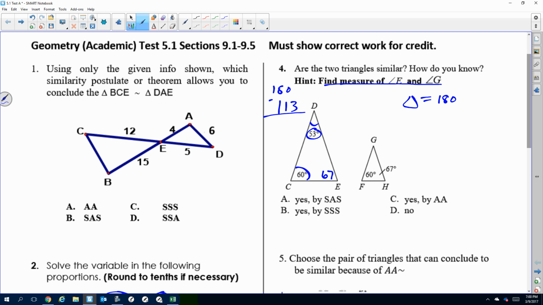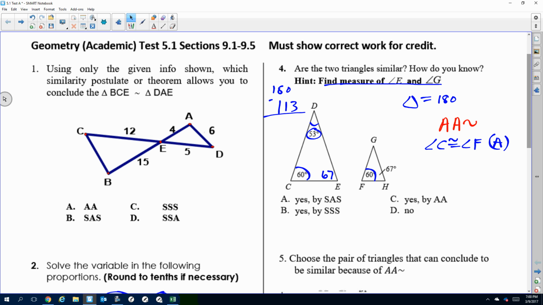So there's your 67, and we're trying to determine if two triangles are similar. There's 3 ways to do that. You can use angle. That means we just need to show two angles similar. Well, I had the 60 and this 60. That's one angle. So basically I have angle C is congruent to angle F. So that's one angle.